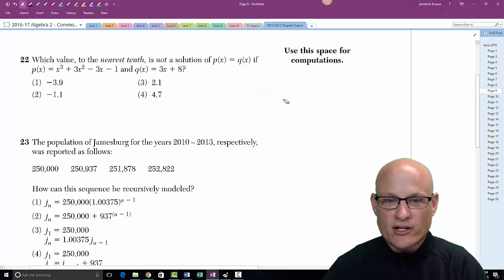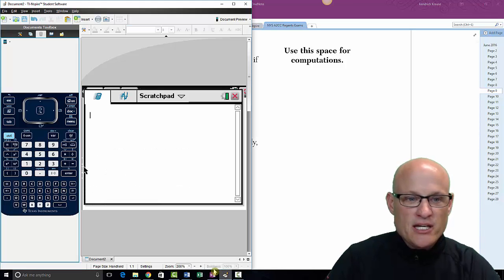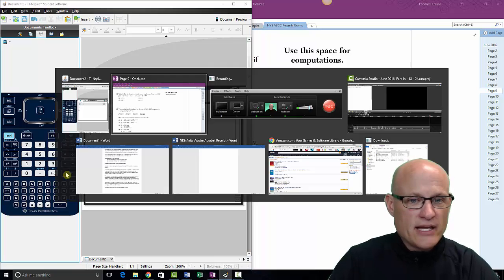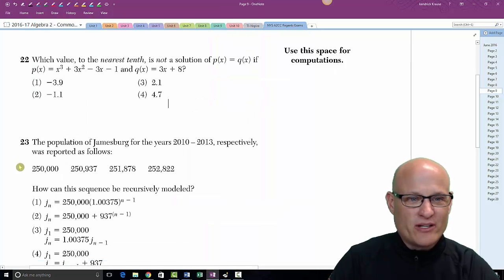We're going to have to use our calculator, because watch this. This is my issue with this problem. If you were to do this problem, here's why it is hard. If you take negative 3.9 and store it into x, and I think they did this just to mess with my students and anybody that watches my stuff, you go, okay, I'm going to do x. See, the reason is these are rounded answers.